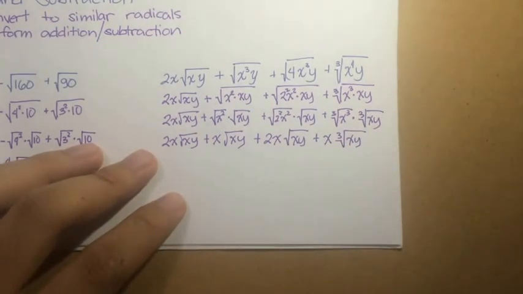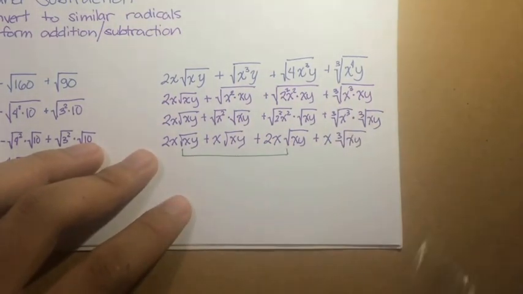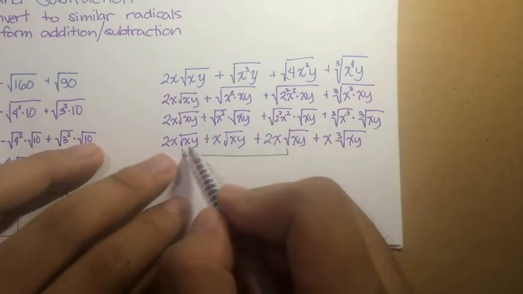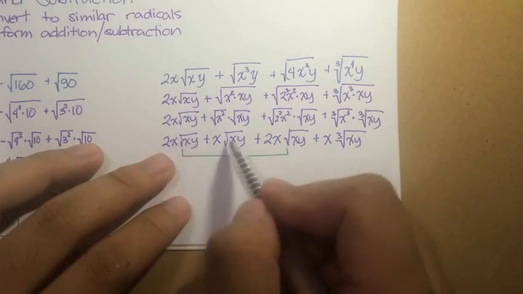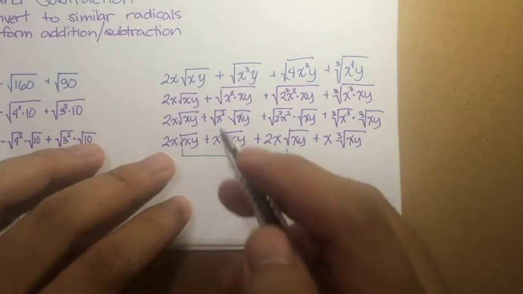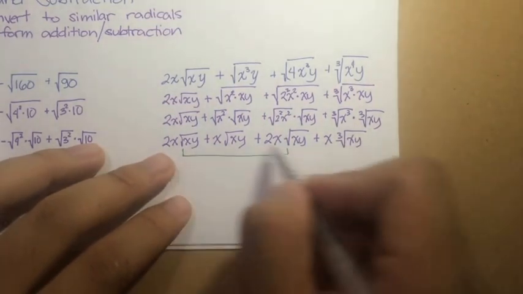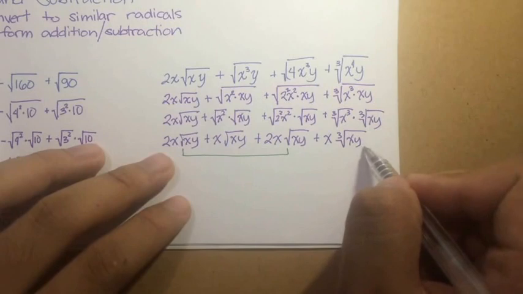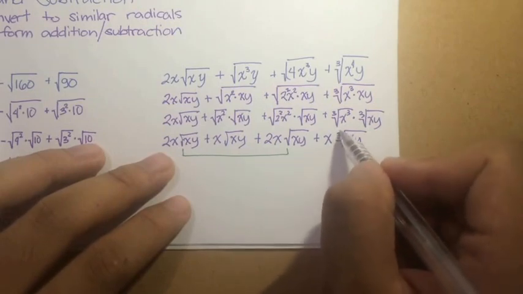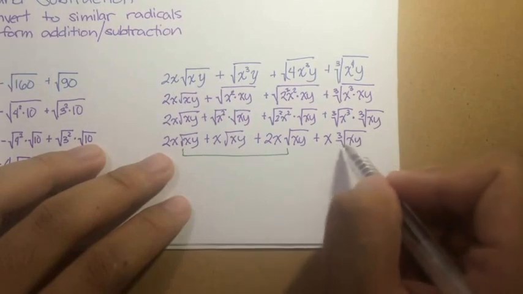If you notice, the first three terms are similar radicals. They have the same radicands and the same indices, which are all equal to 2. This last one is dissimilar from these three. It has an index of 3. Although the radicand is also xy, the index is not equal to 2.